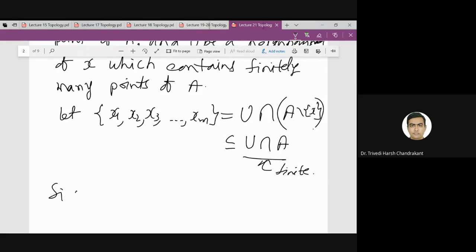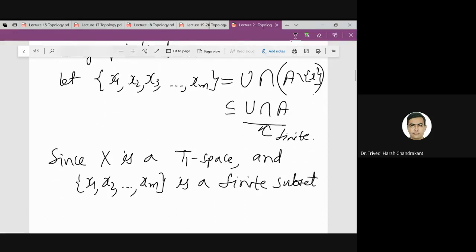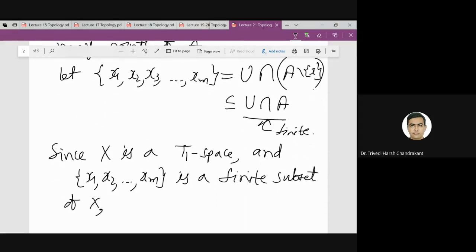So since X is a T1 space and x1, x2, xm is a finite set, x1, x2, xm is a closed set in X by the definition of T1 space.